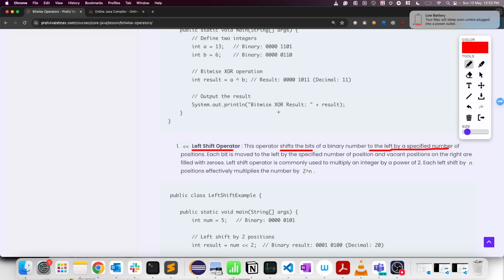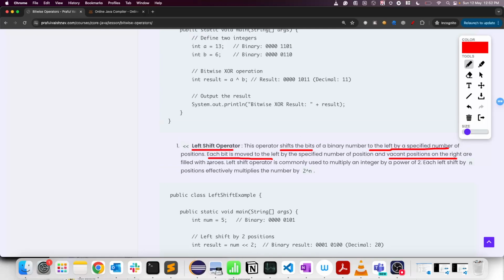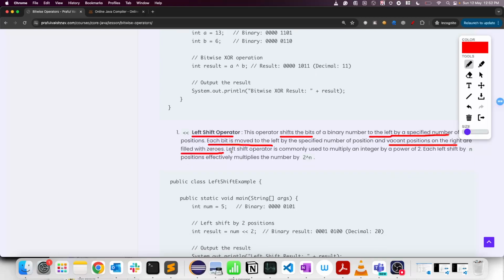Each bit is moved to the left and vacant positions on the right are filled with zeros, right? So it is used to multiply an integer by a power of 2. Each left shift by n positions will multiply the number by 2 to the power n.